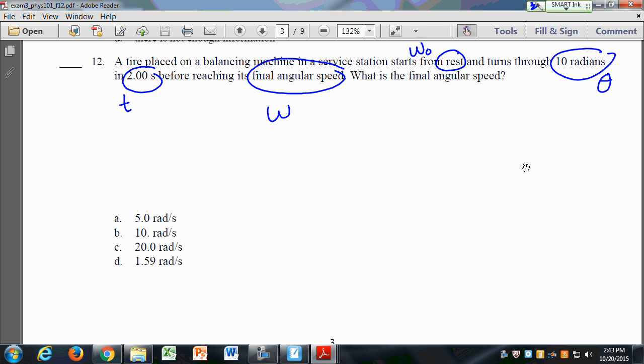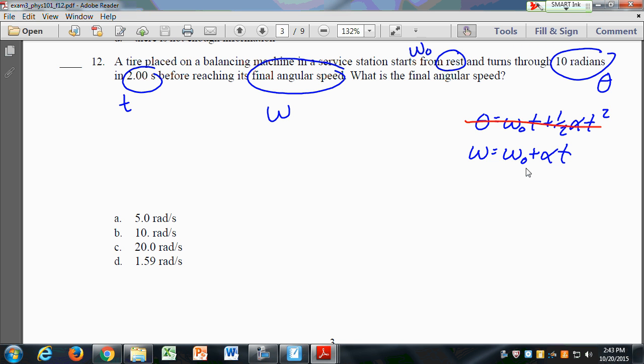Remember my equations. I have theta equals omega naught t plus 1/2 alpha t squared. Omega equals omega naught plus alpha t. So which one am I going to use, the first or the second? Now I'm not going to use the first because it doesn't have omega in it at all, in fact.